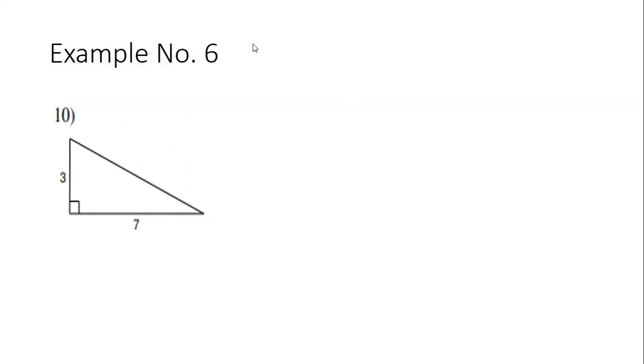So find the length of the hypotenuse using, of course, the undying formula, Pythagorean theorem. So that's c squared, which is equal to a squared plus b squared. So c squared is equal to 3 squared plus 7 squared.